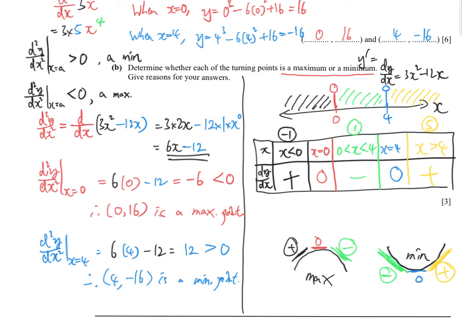So here it goes from positive to negative, so x equal to 0 and y equal to 16 is a maximum point, and from negative to positive, it is a minimum point. All right, so this is really the end.